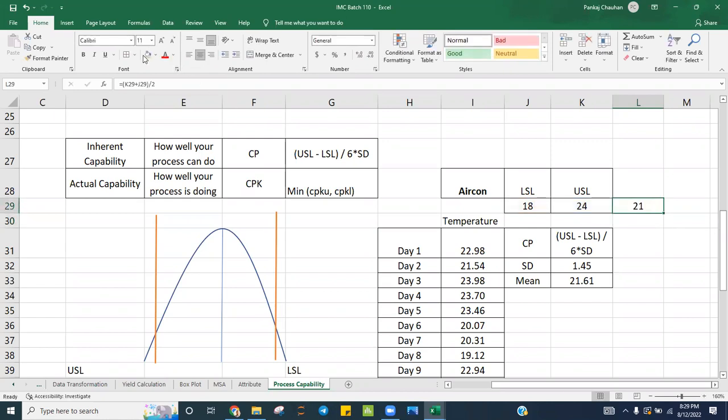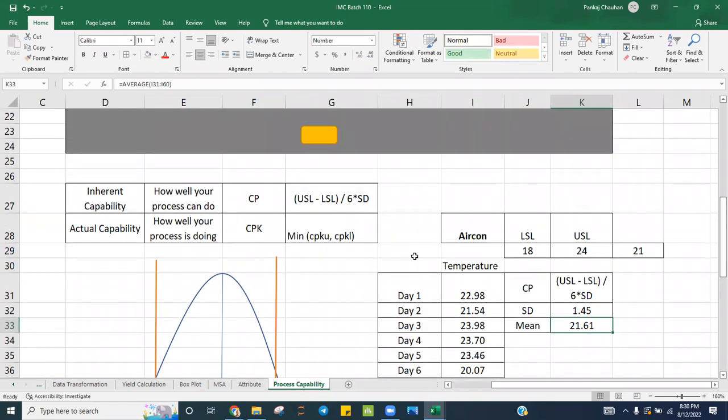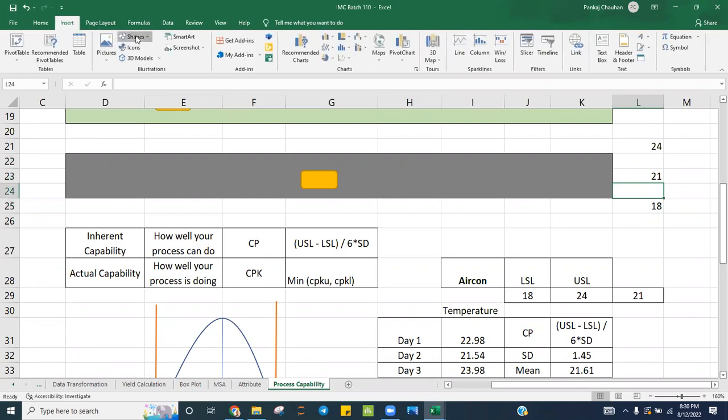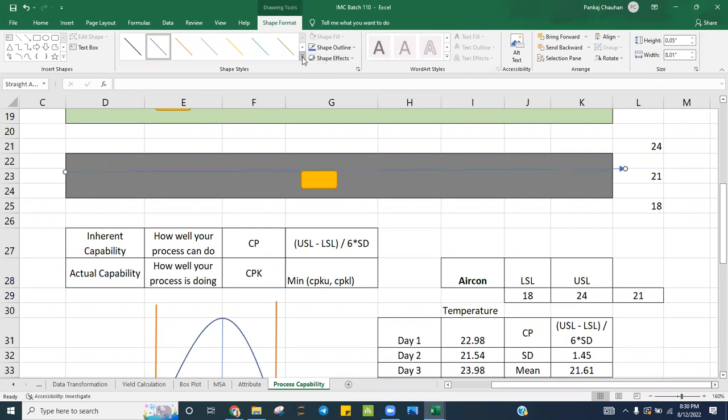So your ideal condition, you are expecting 21 and this is 21.61. Let's understand: this is your lower limit, which is 18, upper limit, which is 24, target value is 21, and you are getting 21.61, which means the temperature is on the upper side of the center line.